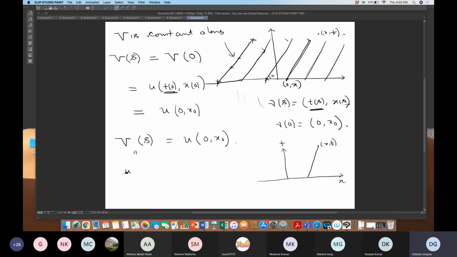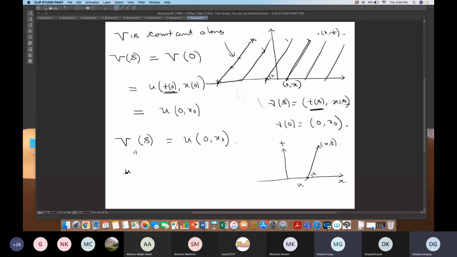You just draw a straight line with slope a, hitting the x-axis. You know that the value of u along this line is constant. Yes or no?